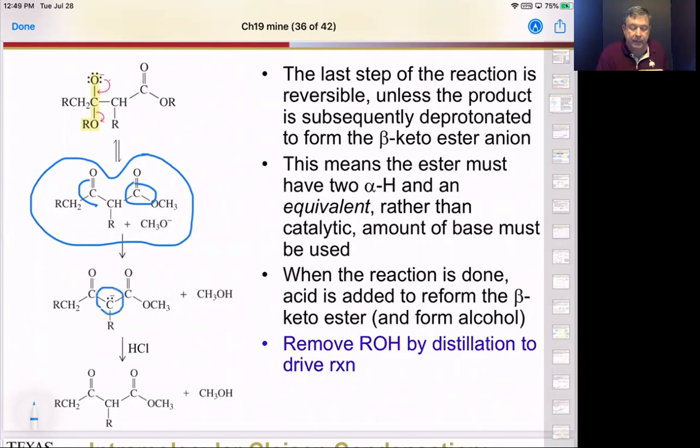Once it's formed the enolate, it does not act as another carbonyl compound, okay? And because of sterics, this is less nucleophilic than the other nucleophile we generated. So the key here is we do want to add a full equivalent of that base.